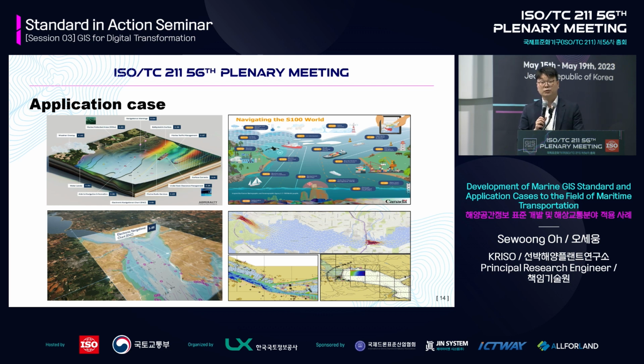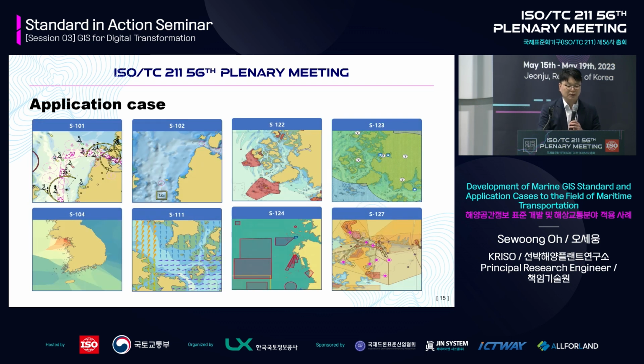There are some application cases using the standard for maritime ITS, and I would like to go over just a few of them. Per domain, we define the objects within the project specification. Now there's the bathymetric surface.